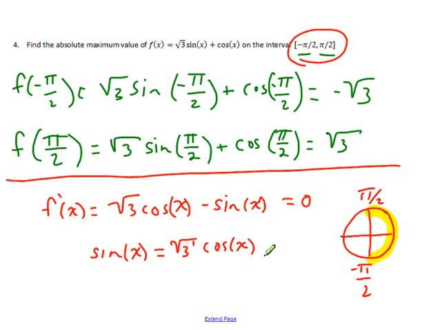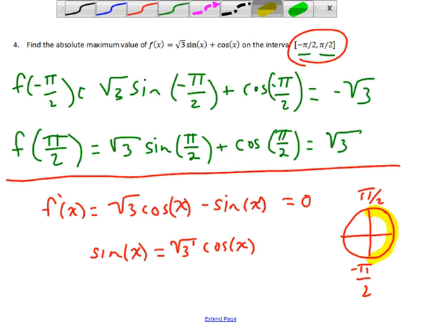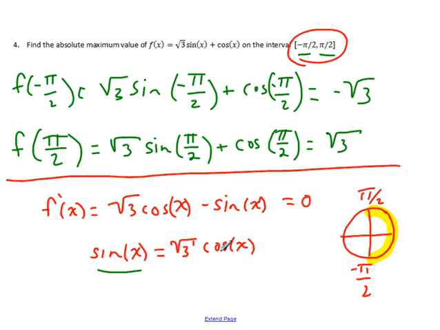And since sine of x needs to equal root 3 cos of x, both of these have to be the same sign. Like either sine is negative and cos is negative, or sine is positive and cos is positive. And that's only going to occur here. So now we've limited where it's going to be.